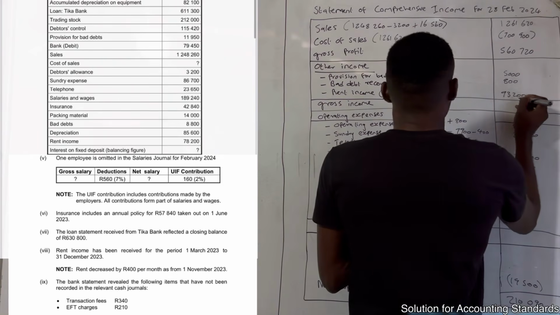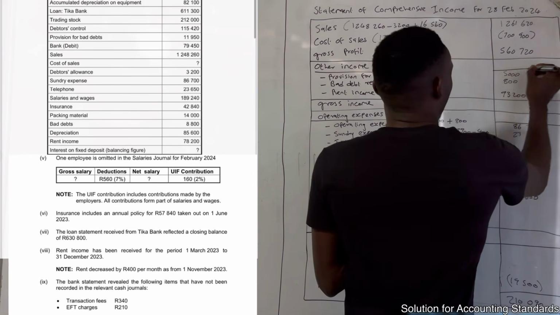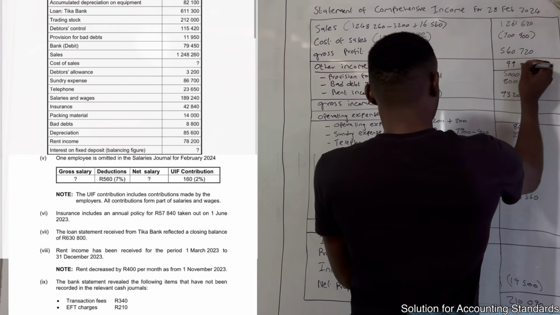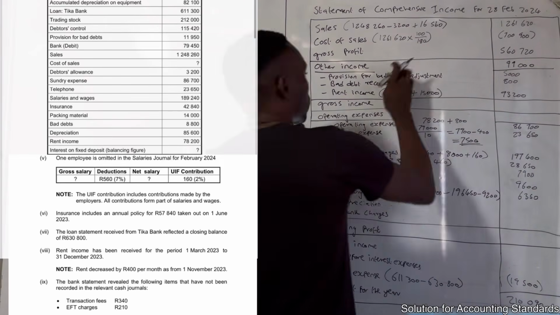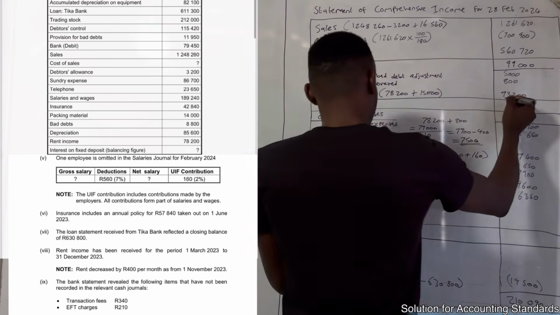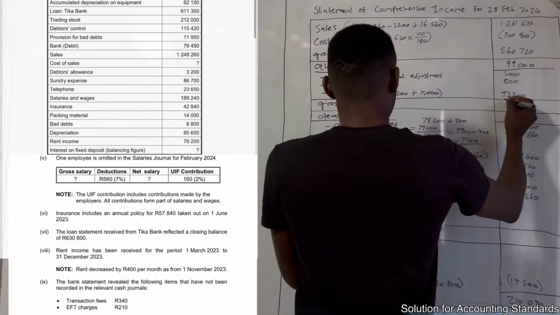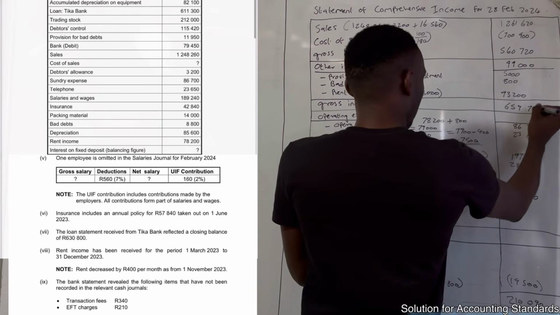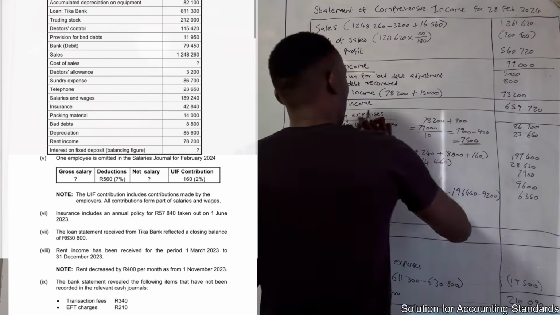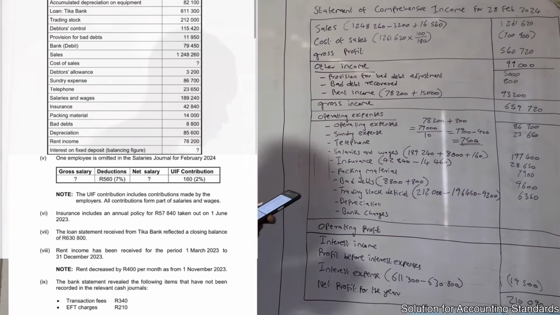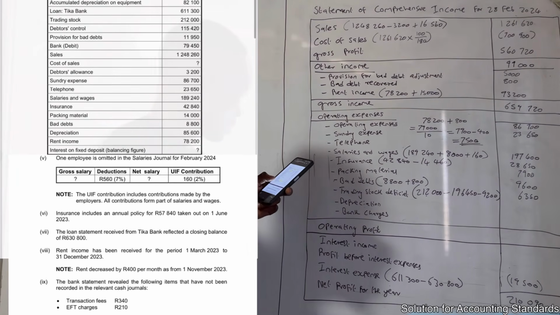This one will give you 93,200. Here we can get a total which is going to give us 99,000. Gross profit plus other income will give you gross operating income, or gross income, I mean, 659,720. And for the operating expenses, we still have telephone, sundry expense.